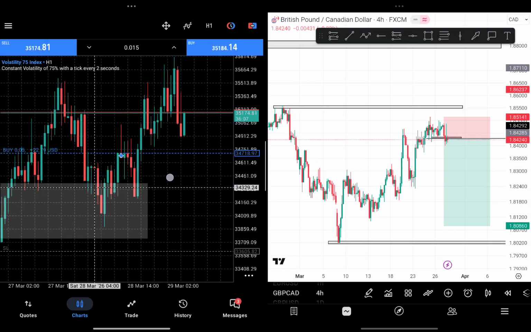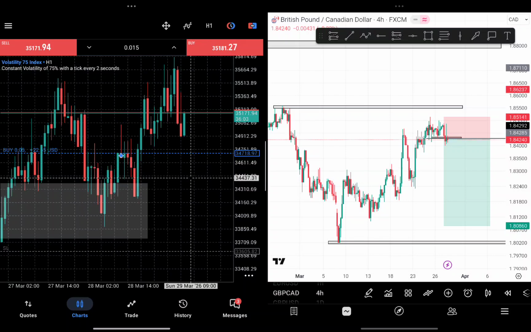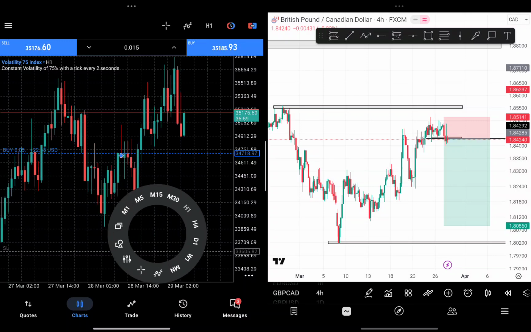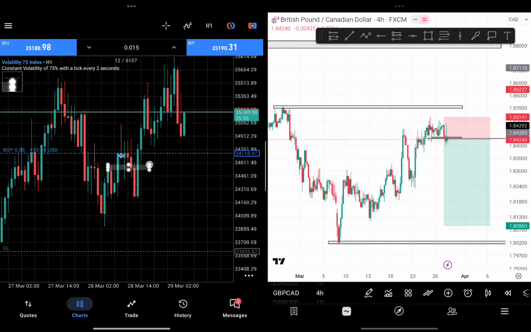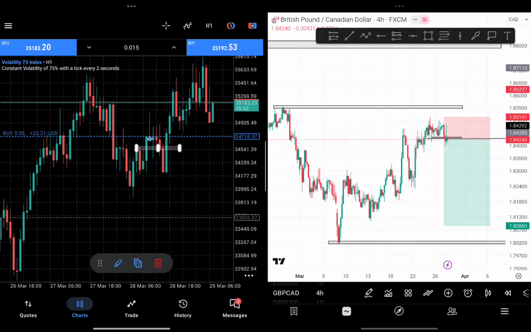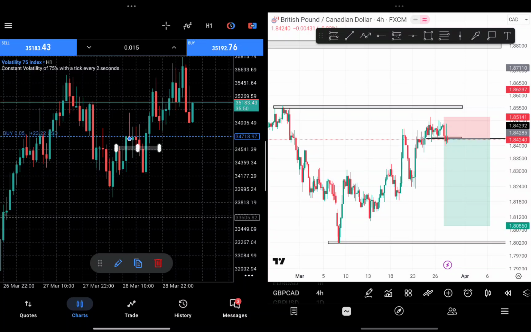Then price switched to an uptrend when it broke this high for me. Let me delete this. Yeah, when it broke this place, I got my confirmation that okay, it's not going down again, it's going back up. I took my trade exactly at the break, the candle that broke that place.